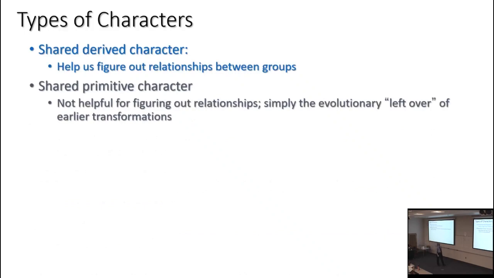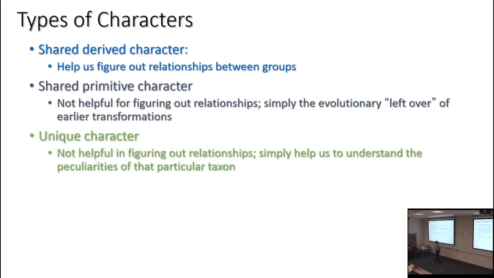They're just the evolutionary leftover. So if we were trying to figure out if turtles are closer to lizards or crocodiles, the fact that they have a bony skeleton would be useless, because that's a primitive trait at that level. Unique characters, again, are not helpful in sorting out evolutionary relationships, but they might inform us about the biology of the organism.